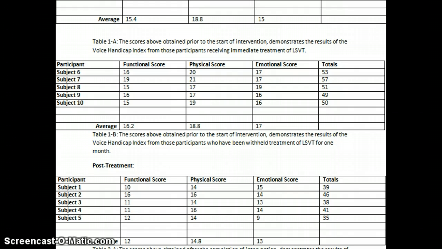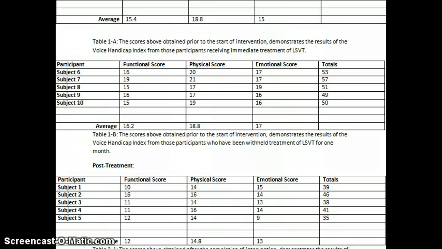Subject 8, we have a functional score of 15, physical score of 17, emotional score of 19 for a total of 51, which is moderate to severe. Subject 9, we have functional score of 16, physical score of 17, emotional score of 16 for a total of 49, which is moderate to severe.